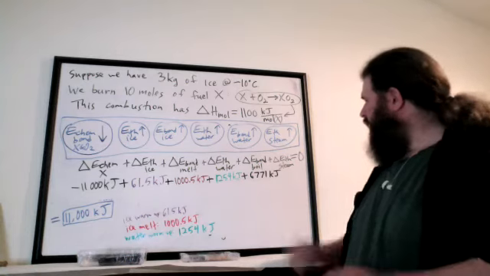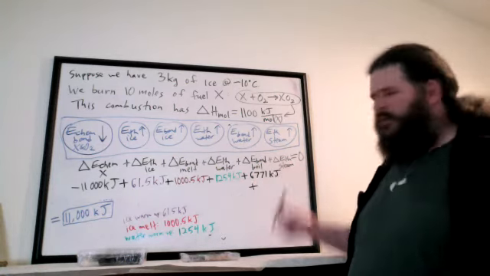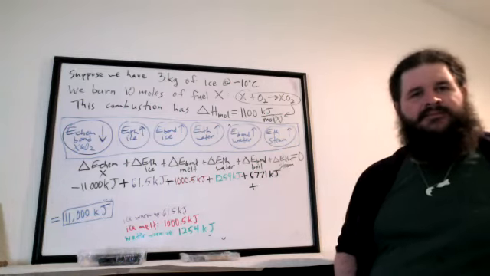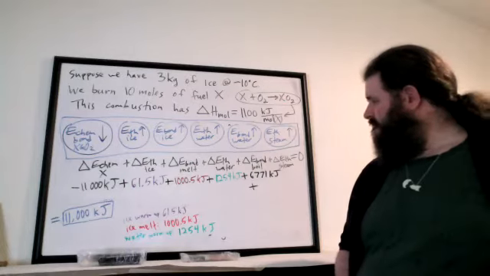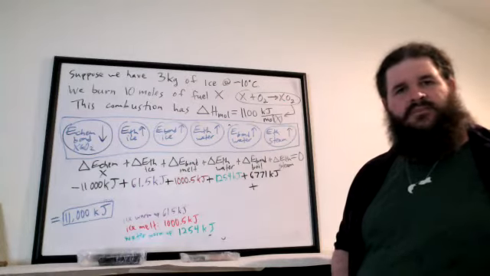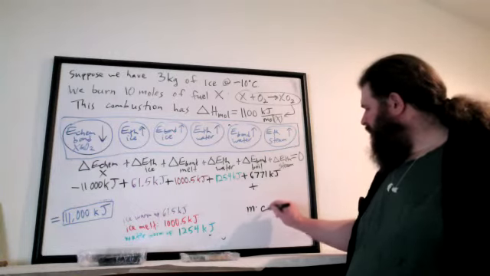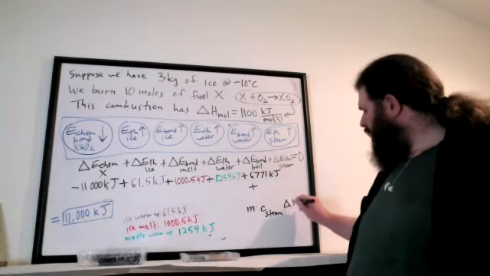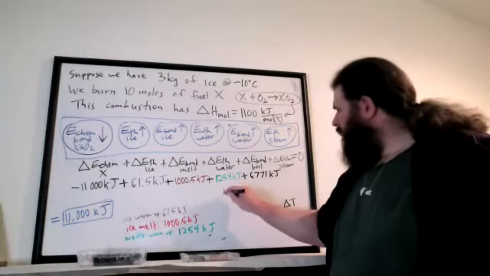So we have this unknown plus, and what formula could be used for delta E thermal of the steam? Mass times specific heat for steam and delta T. Sounds good. And we can fill that in as mass.